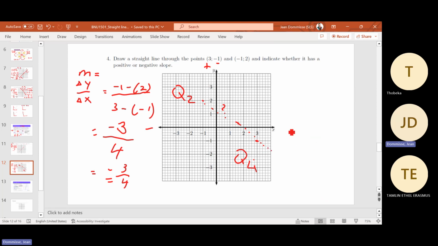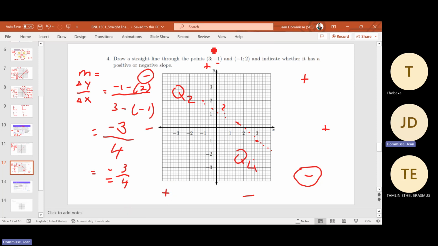Because on this side, you can also see positive but negative. So it will always be negative, because minus times positive is always minus, positive times positive is positive, negative times negative will also be positive.